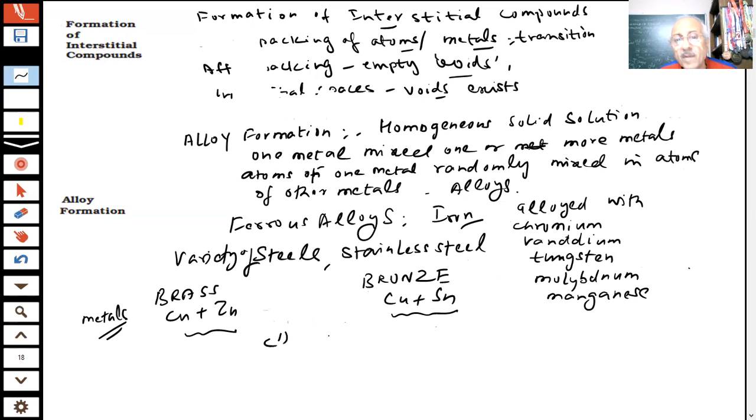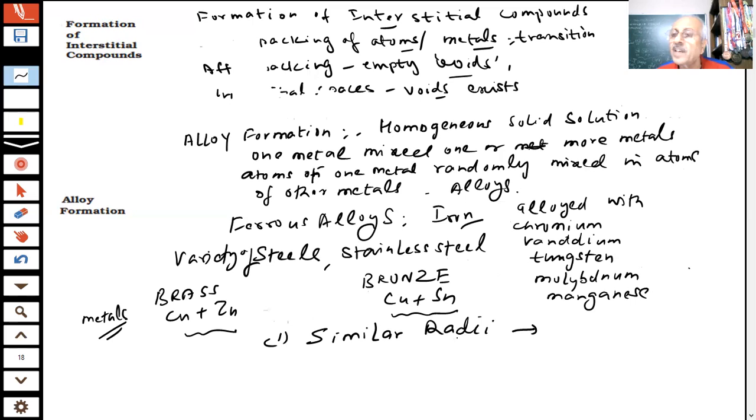See, the most important point is if they have similar radii, students, then they will easily get mixed up. One atom can easily replace the other atom.